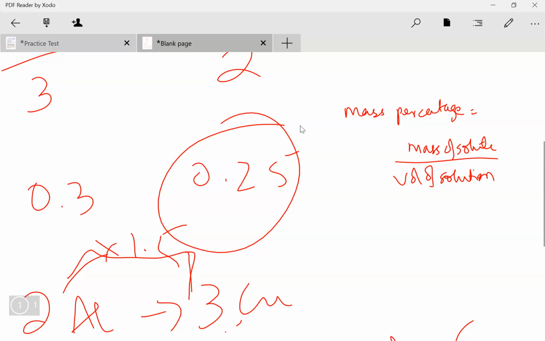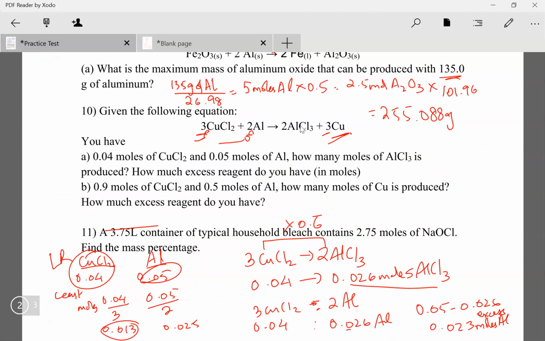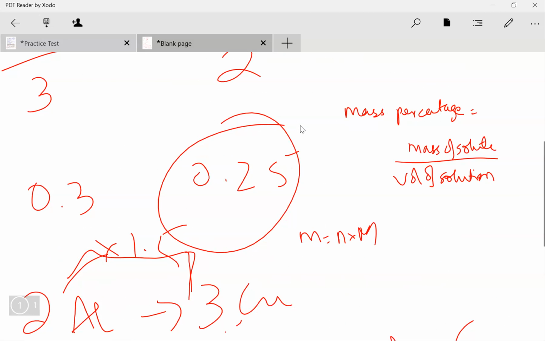So first, to find the mass, we have to do number of moles times molar mass. Number of moles is 2.75. So this is 2.75 times molar mass 74.44, which gives us 204.71 grams.